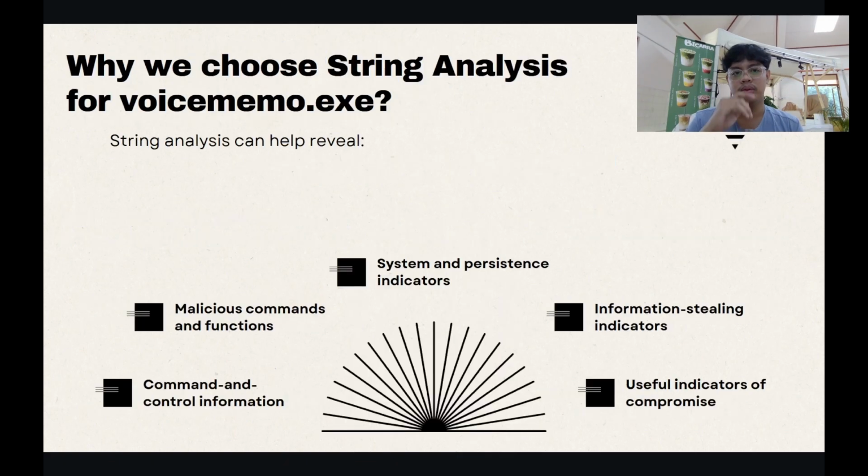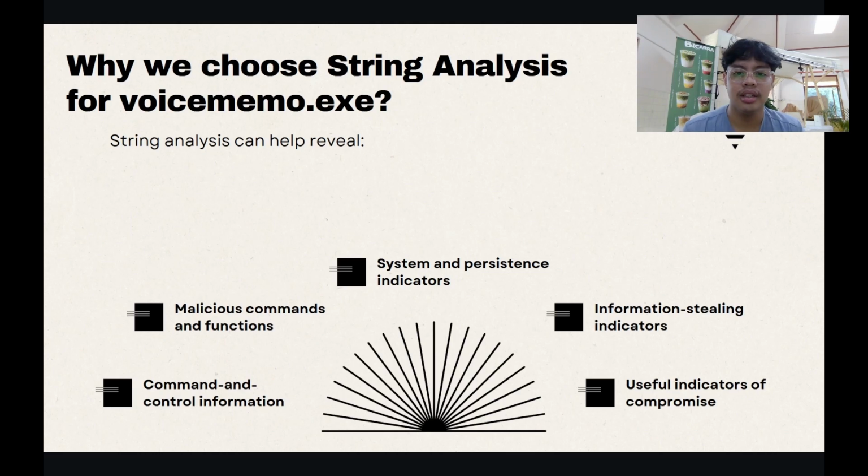So now let's move to why actually we choose string analysis for this specific voicememo.exe. The first one, we choose this analysis because the sample is suspected to be a Venom Rat variant, which is a remote access Trojan designed to communicate with an attacker and control an infected system remotely.